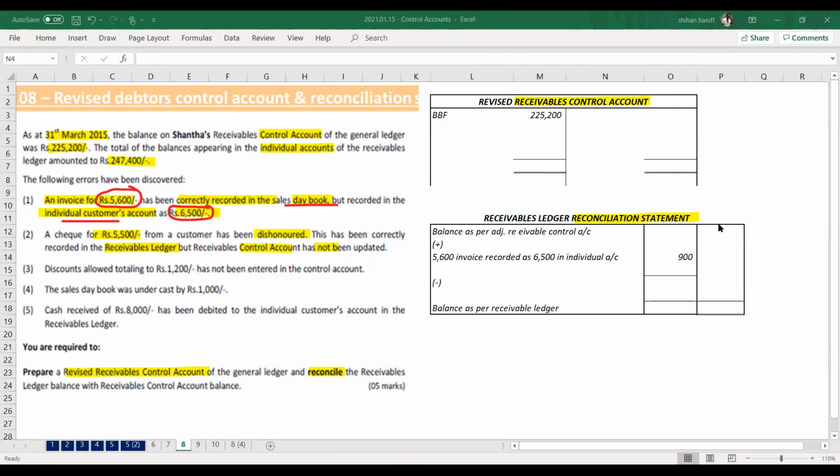It will be debit. Debtors balance will increase. Dishonored check of 5,500: it's not credit, it's debit.